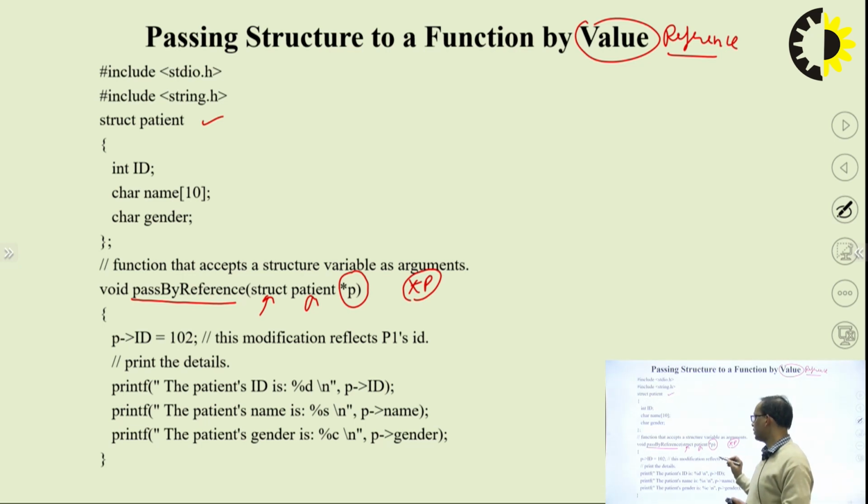This is the pointer notation. The arrow operator is used when we access structure members with the help of a pointer. So p arrow ID represents the patient ID, p arrow name represents the patient name, and p arrow gender represents the patient gender.